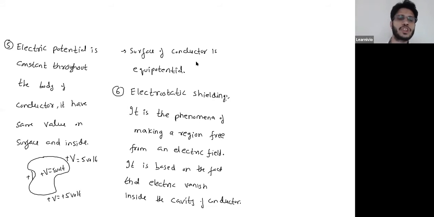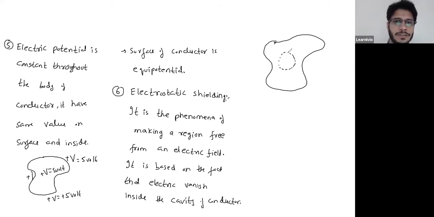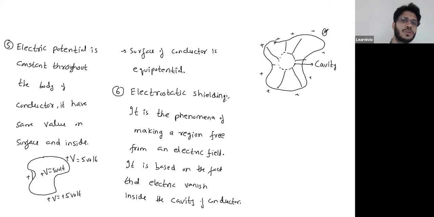See, electrostatic shielding means, say you have a solid conductor of some arbitrary shape, and we make a cavity inside this solid conductor. If I provide some charge to the conductor, then the charge will reside only on the outer surface.